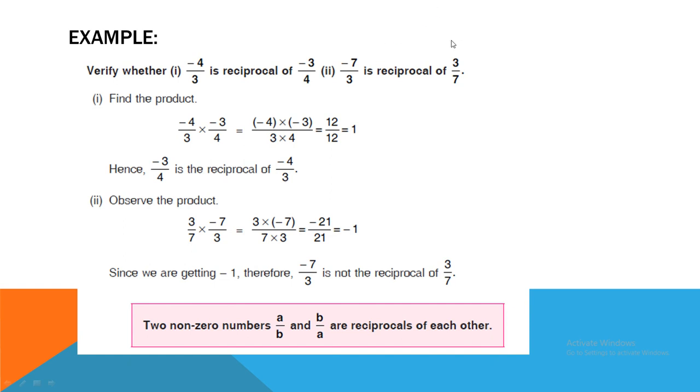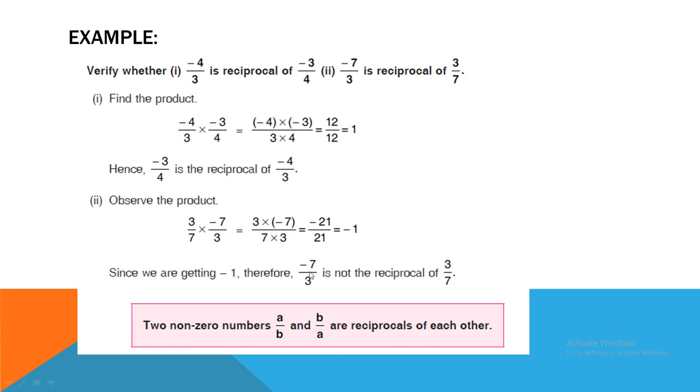Now verify the second part. Is minus 7 upon 3 a reciprocal of 3 upon 7? Find out the product. Okay. So when we find out, we get minus 21 upon 21. Product comes out minus 1, not 1. For reciprocal, we want our result to be 1.